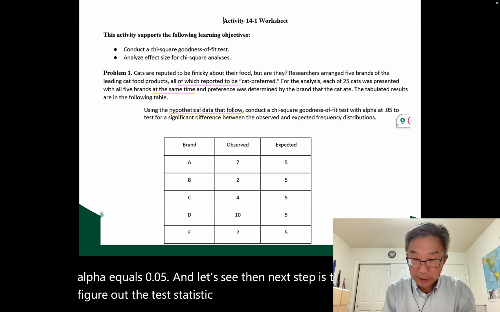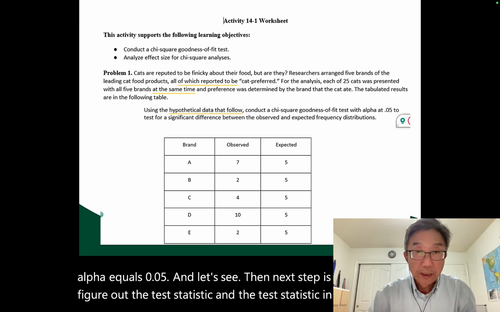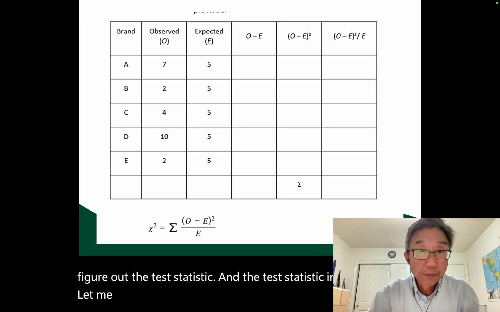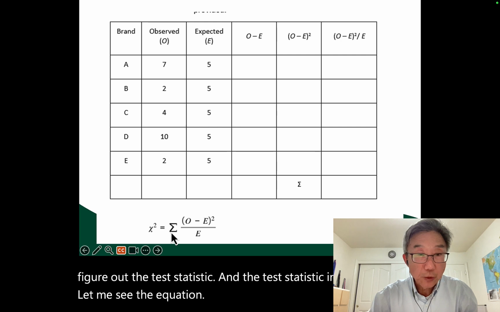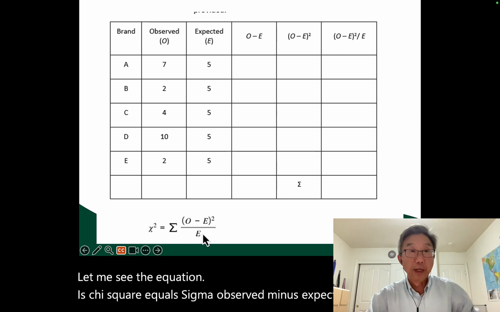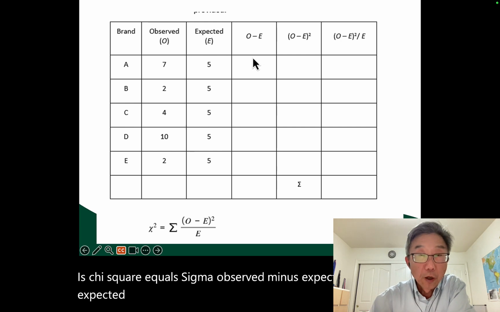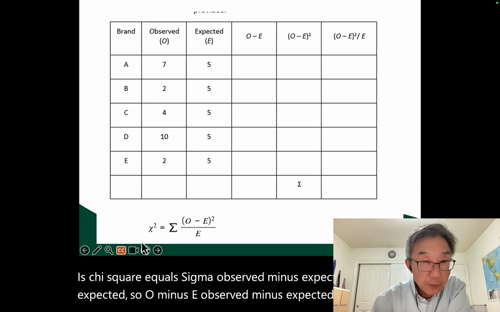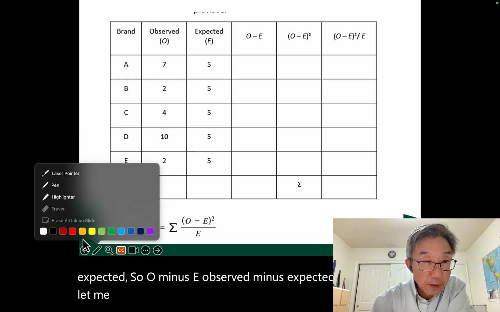The test statistic in this case has the equation chi-square equals sigma of observed minus expected, squared, divided by expected. So let me grab a pen.